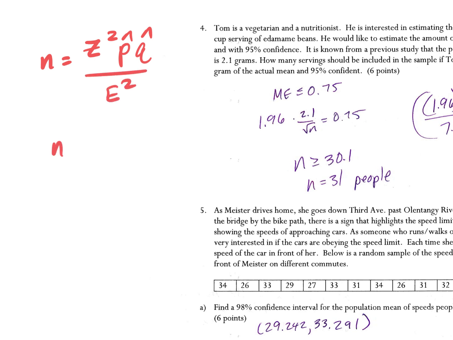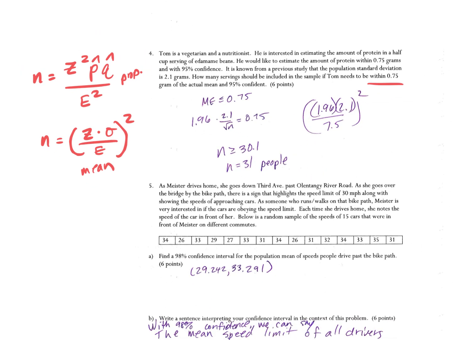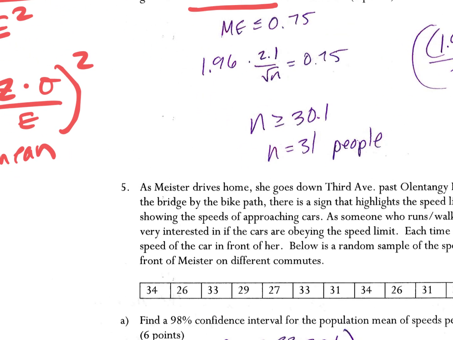The other one says n equals z times sigma over e, the quantity squared. Okay? Is everybody good? So how do I decide? It even says this is the one for proportions. This is the one for means. So as I'm looking at this one, we're trying to find it within 0.75 of the actual mean. So I'm going to use this one because that's the one for means. Okay? The other thing for sample size is no matter what you get, it needs to be a whole number and it needs to round up. Everybody good?